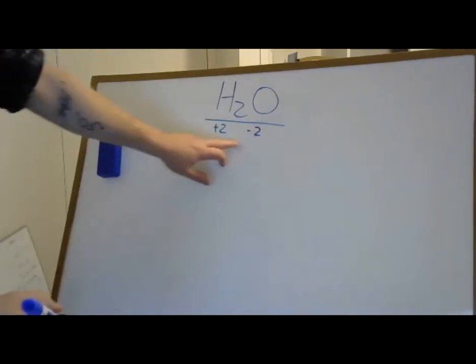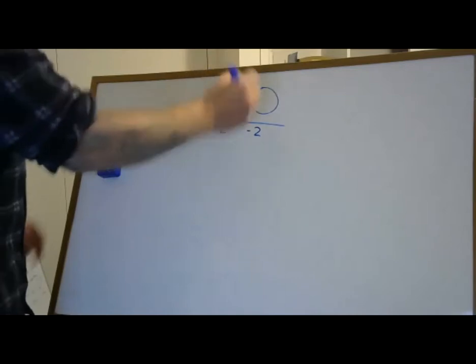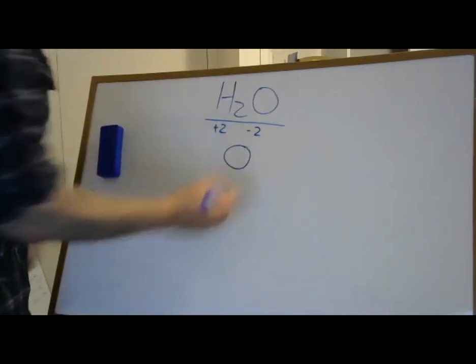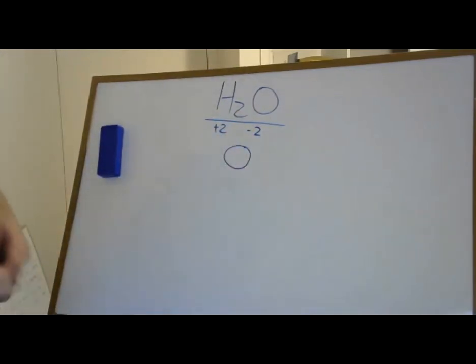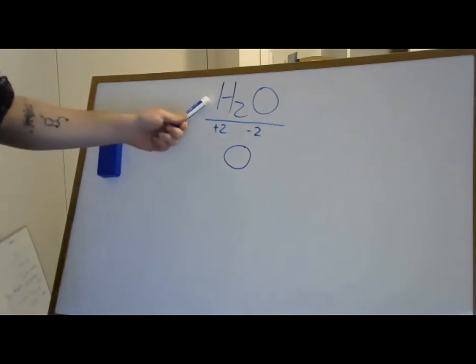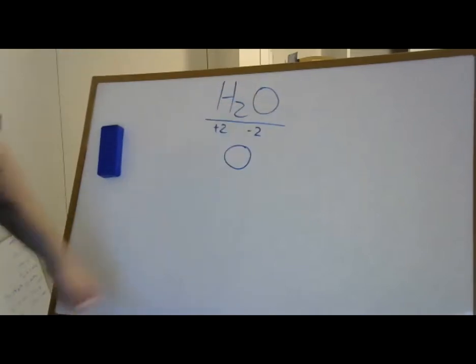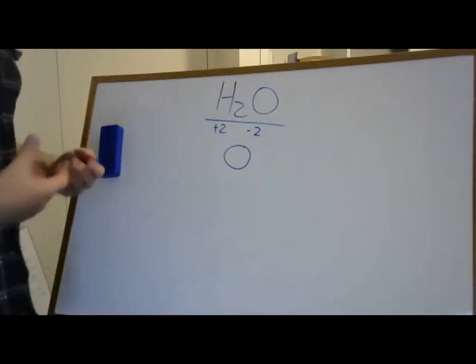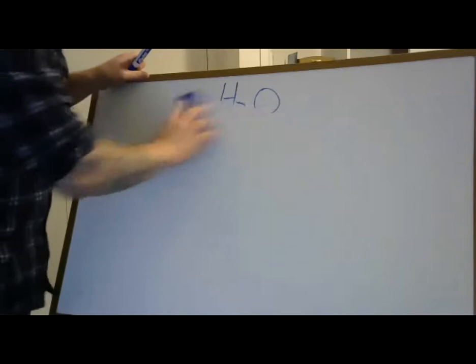So +2 plus -2 gives a net charge of 0. So this oxidation state just tells how many electrons are donated and how many are accepted when 2 things bind together.